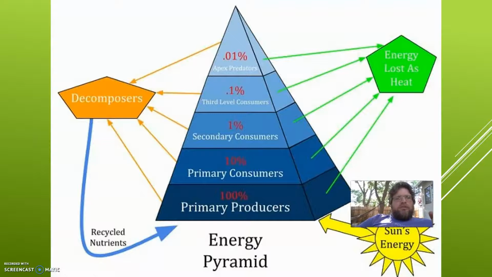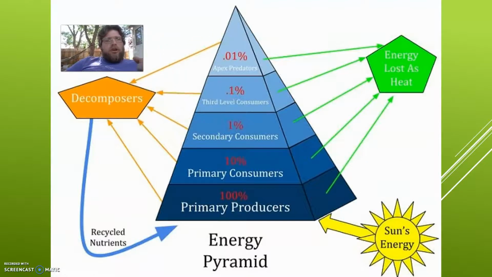And so as a result, ecological pyramids are pyramids with producers on the bottom and each trophic level of consumers going up until you get to this point. And at each level, you're only transferring 10%. So if 100% of the energy is there at the beginning for a primary producer, 10% moves up to the primary consumers, the herbivores.